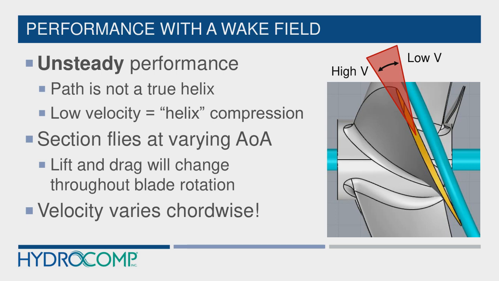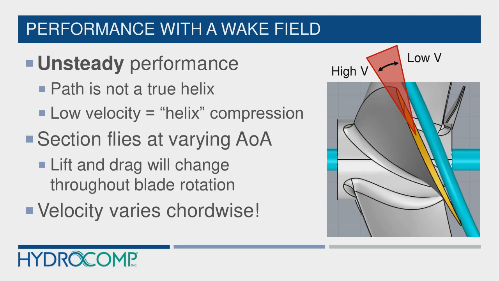So what this means is that the lift and drag will also change with the changing angle of attack in flight. There are different blade loadings, different pressures, and different impulses as it rotates around inside the wake field.